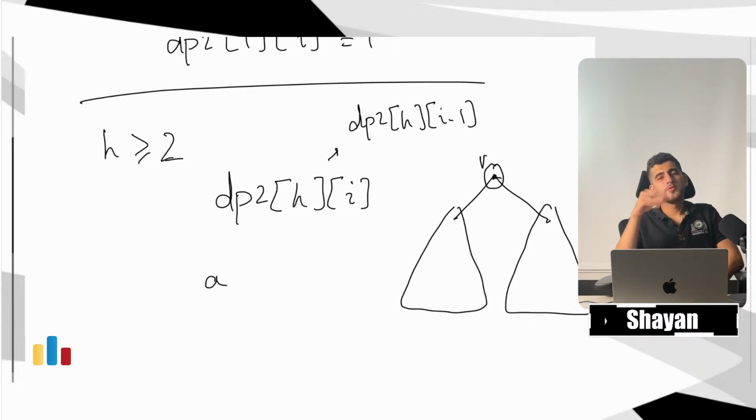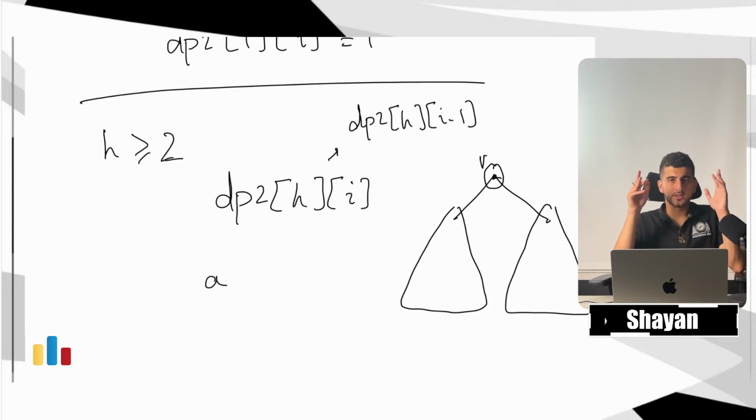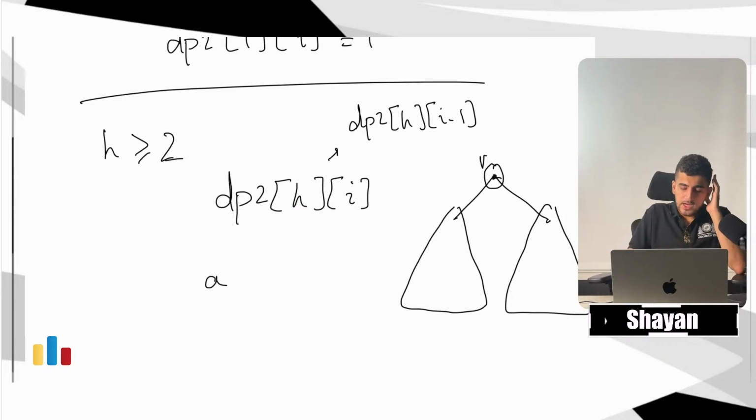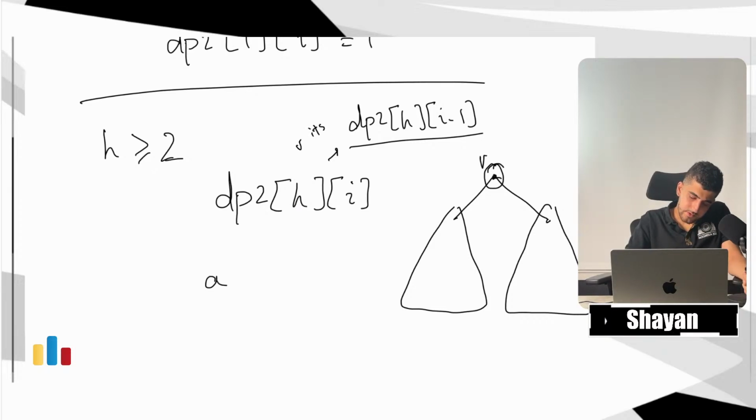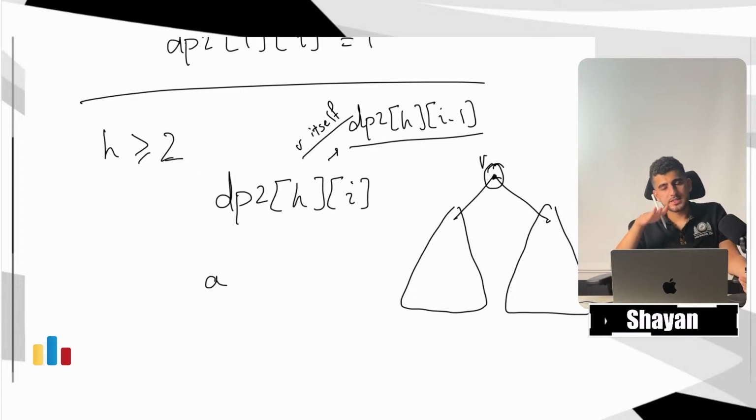I remove one of the operations I had on v itself, choose the other operations, and then add one additional operation on v itself. So dp2 of h and i will be updated from dp2 of h and i minus 1. This is if the last operation was on v itself. We can assume that we've done them last, so let's remove one of them and solve it for dp2 of h and i minus 1. The number of ways is going to be the same.